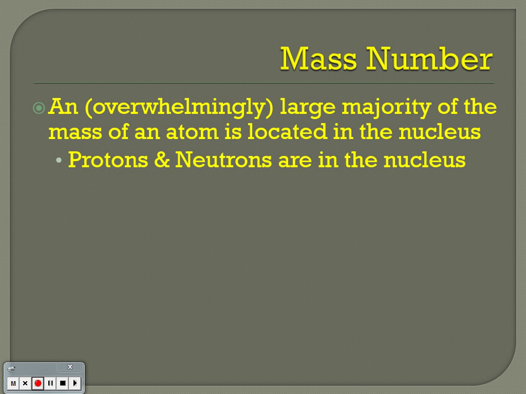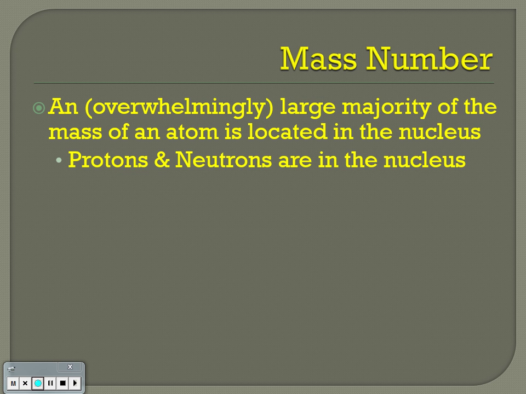So we know from which experiment that a large majority of the mass of the atom is located in the nucleus? Rutherford. And he did which experiment? The gold foil. Okay? So Rutherford's gold foil experiment tells us that a large majority of the mass is located in the nucleus. And we know that protons and neutrons are in the nucleus.